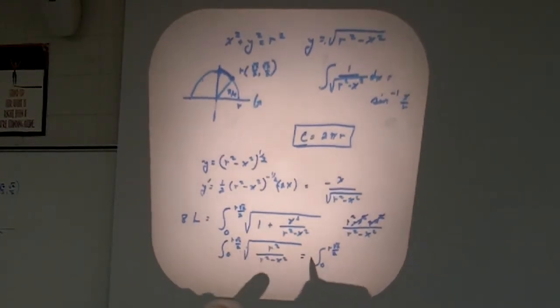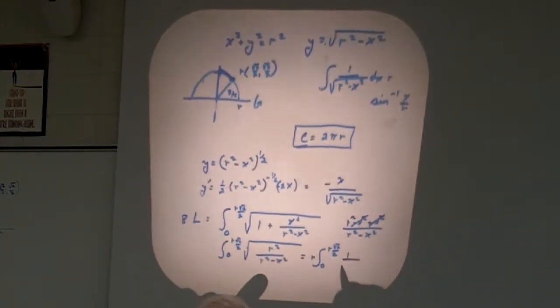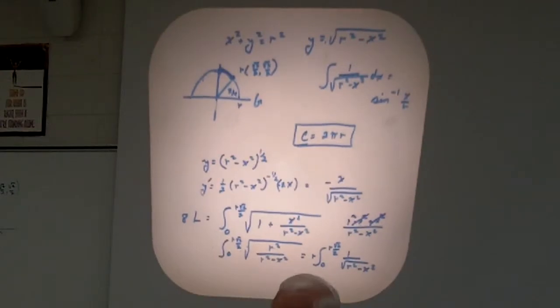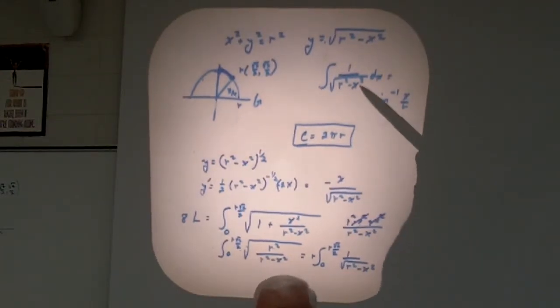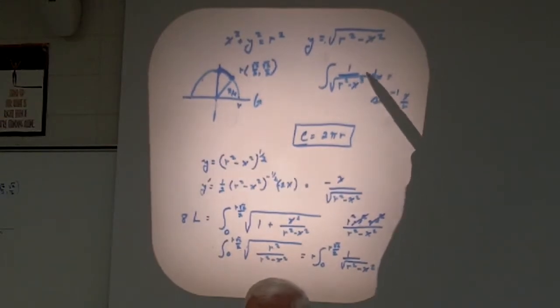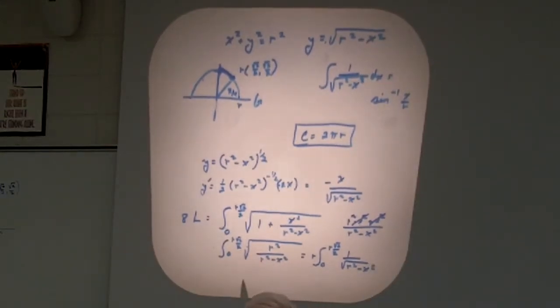And this r comes out here, and this becomes 1 over the square root of r squared minus x squared. Oh, what do you know? And that's what I was talking about over here. So, what is the integral here?